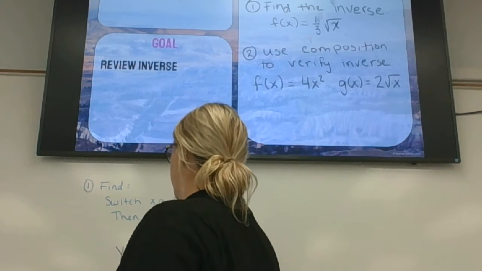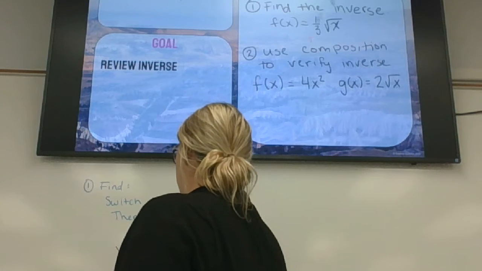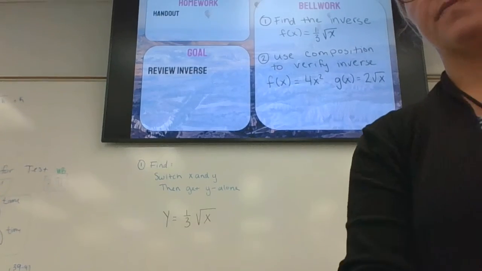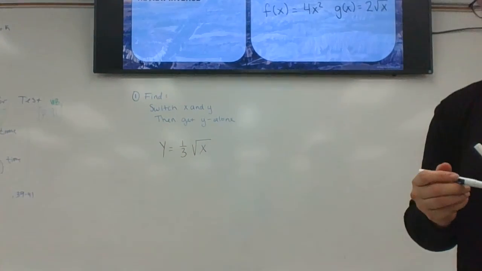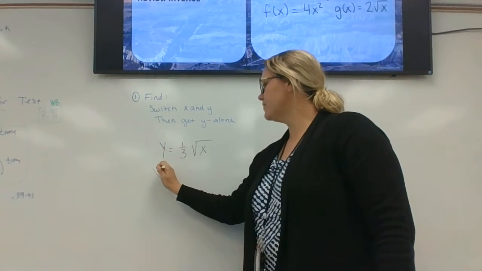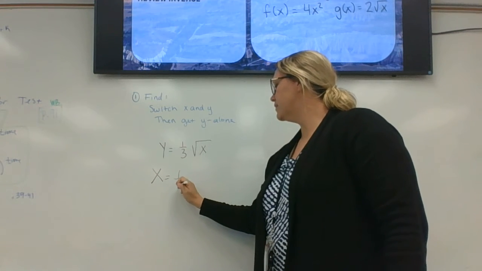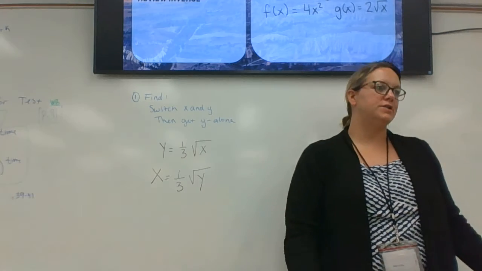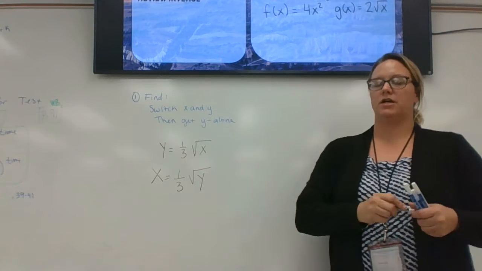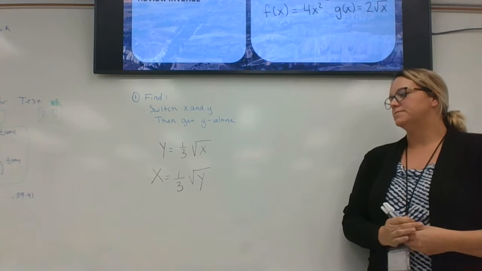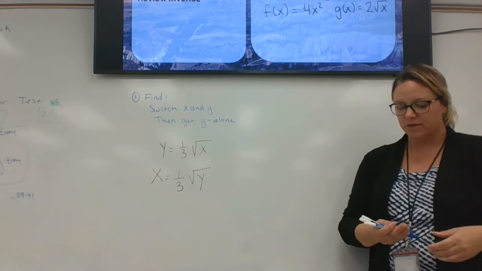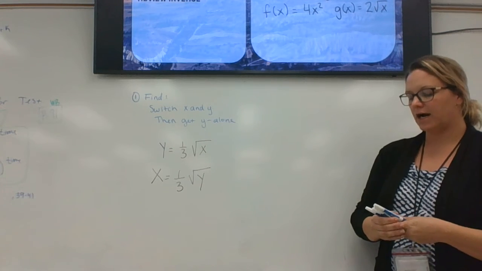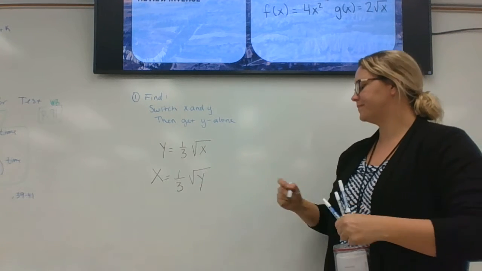So this is y equals 1/3 times the square root of x, and then we switch it up. Inverse switches x and y. And then here's where questions happen. Depending on the type of function or equation you have, the steps are different every time. So you really have to rely on previous knowledge, figuring out how you're going to isolate y again.